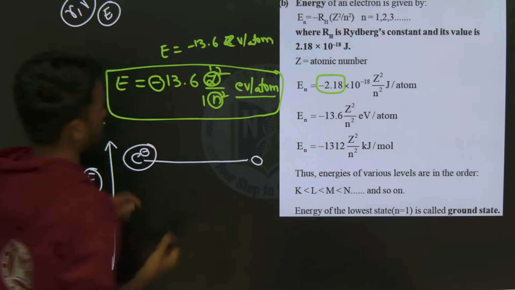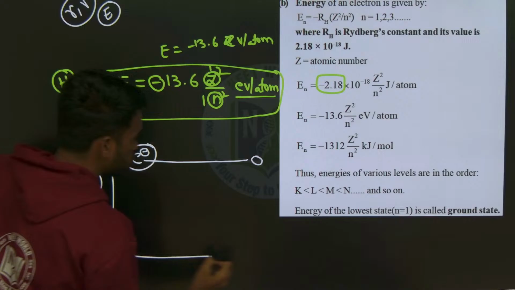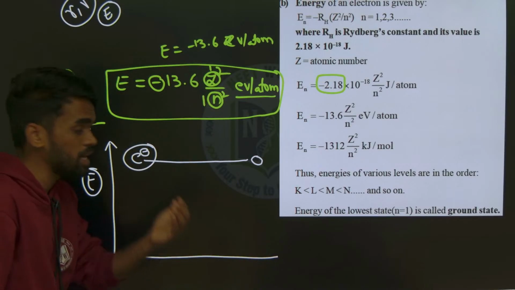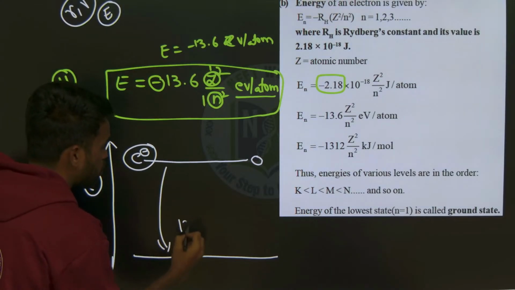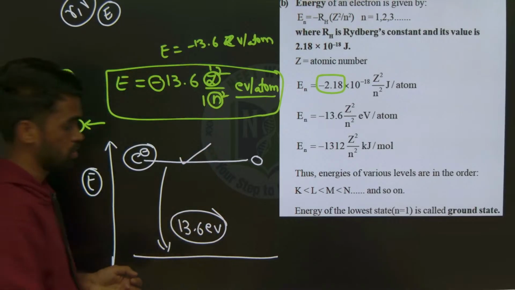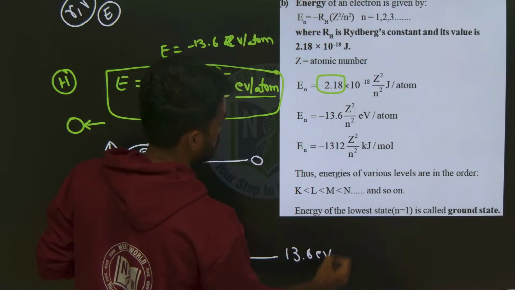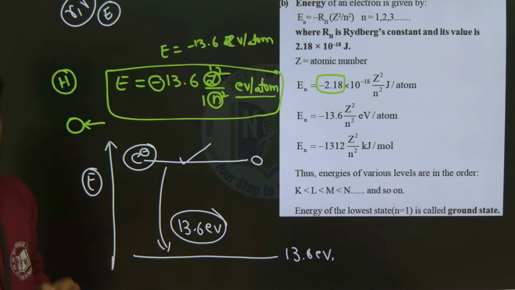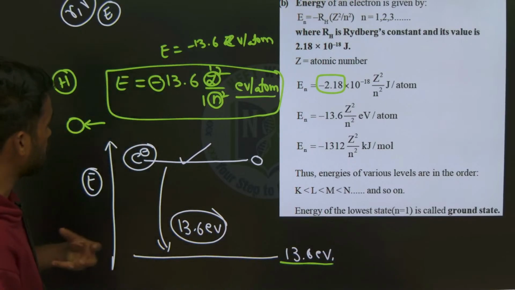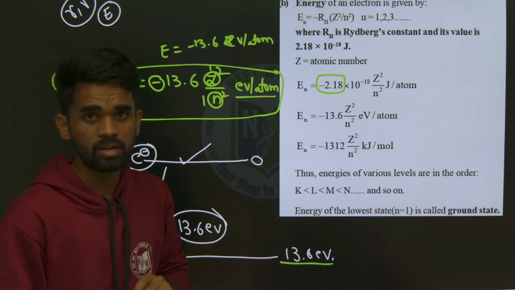It means the electron present in the first Bohr orbit of hydrogen atom will be more stable by decreasing its energy by 13.6 electron volts when we compare with an independently existing electron. Okay, I hope this is clear. So what is the ground state energy level of hydrogen atom? Minus 13.6 electron volt.